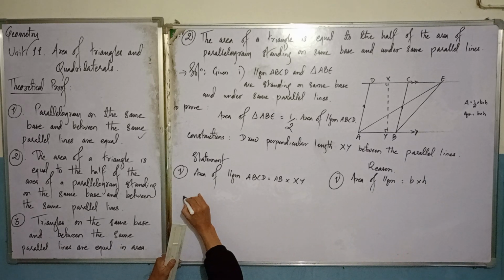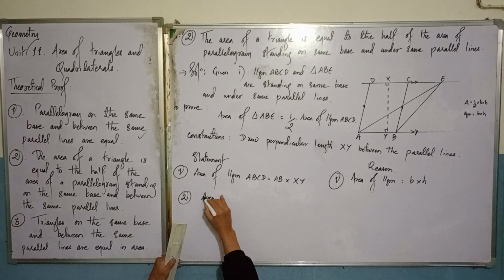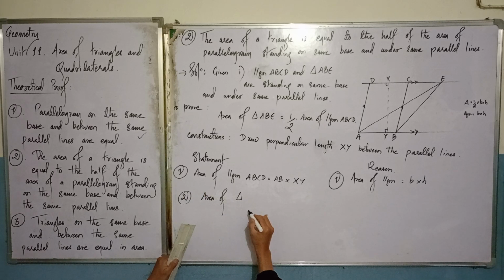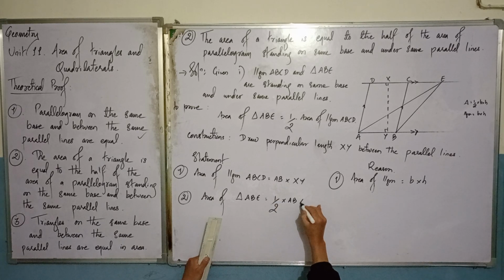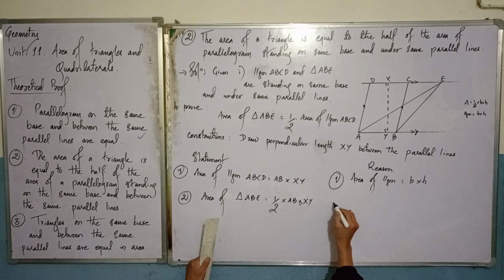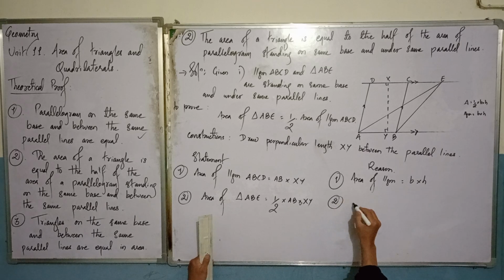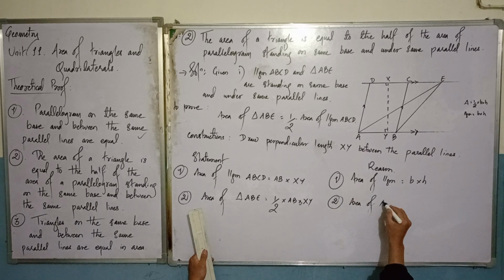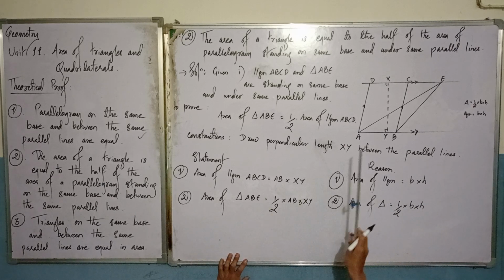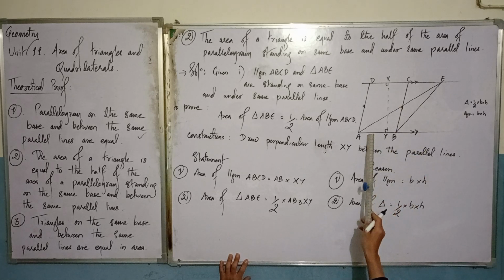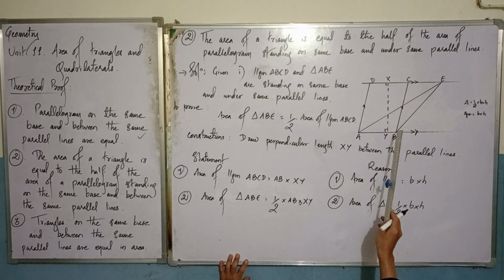In the same way, now write area of triangle ABE. This will be 1/2, base AB, and height xy. The reason: area of triangle is equal to 1/2 base into height. So for triangle ABE also, the base will be AB and the height will be xy.